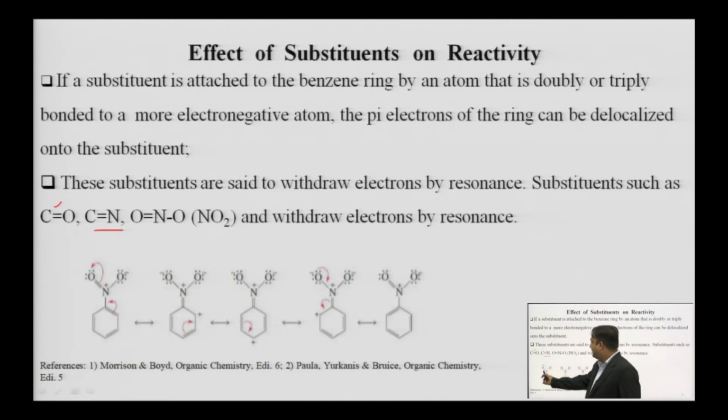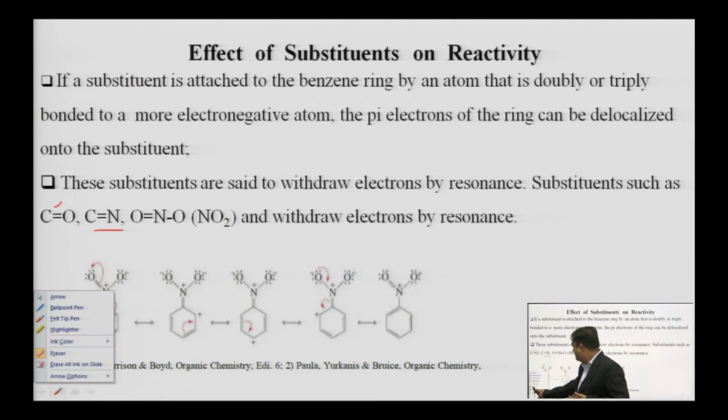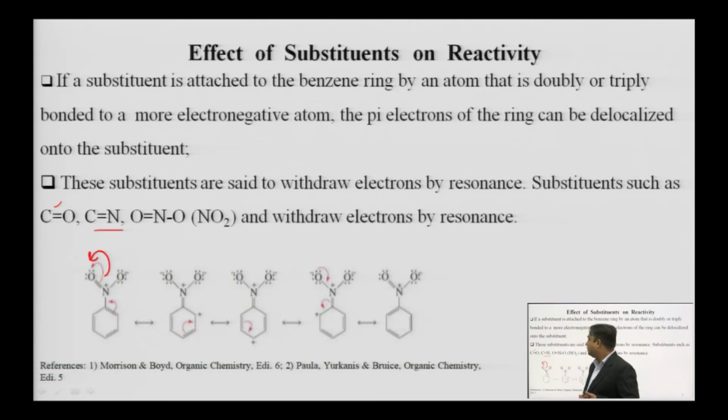here is the example of NO2. Okay. So, N is directly bonded to the benzene and N is also bonded to the oxygen by double bonds. The condition is that oxygen is more electronegative. So, it can pull the electrons which are shared with the nitrogen. So, electrons are pulled by the oxygen from the nitrogen.